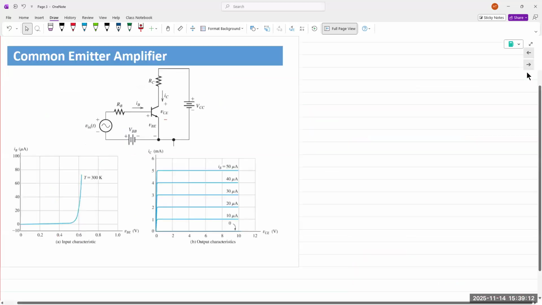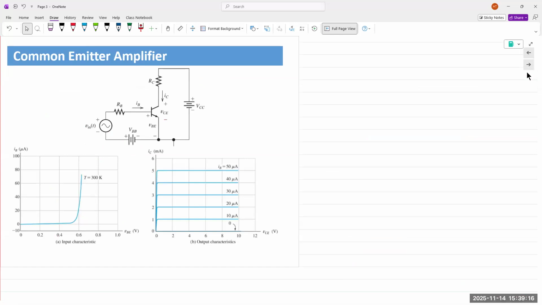Here's a common emitter amplifier. The input characteristics are shown, and the output characteristics are also shown. We can use load line analysis to explain how this amplifier works. First, we can apply KVL on both the input and the output side to generate equations and plot our load lines.